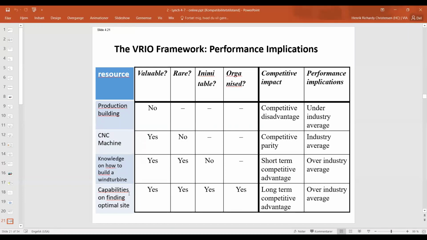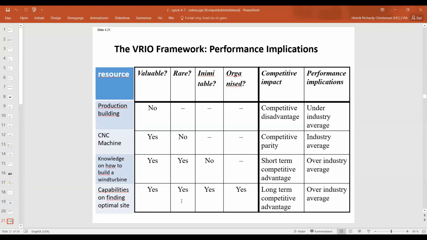And another resource, in this case, a capability that I have chosen to pick out here, is the capability of finding the optimal site. And that means finding the site in a country where you can get the highest efficiency out of the wind turbine. That actually takes quite a lot of computer power because you need to investigate climate and wind directions, and lots of different things go into these computations. Is that valuable? Yes, it is. Is it rare? Yes.